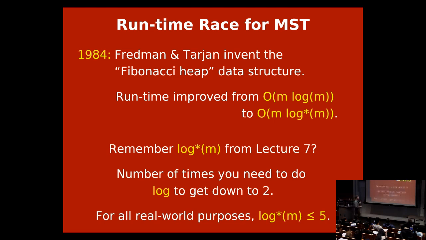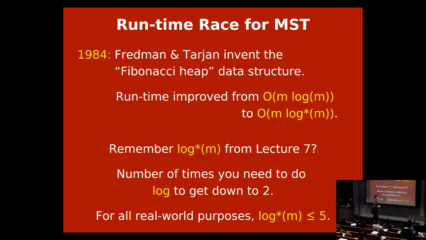Now, I don't know if you remember from lecture 7 what log star m is. I will tell you. It's the number of times you need to take the log of a number to get it down to 2. So if log star of a number n is k, that means n is roughly 2 to the 2 to the 2 to the 2, k times. Repeated exponentiation is very large, so its inverse, log star, is very, very slow.